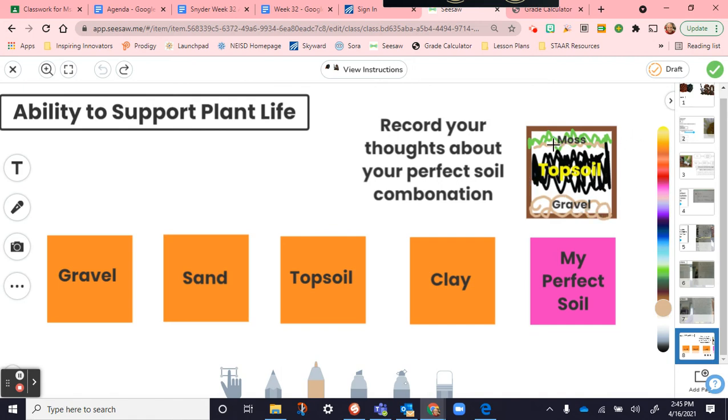We talked about how moss, we brought the moss back out, and we were talking about how it's not a soil, but it's really good for helping with soil erosion, or to keep the soil from eroding.